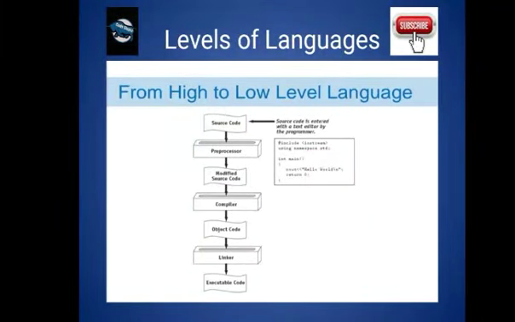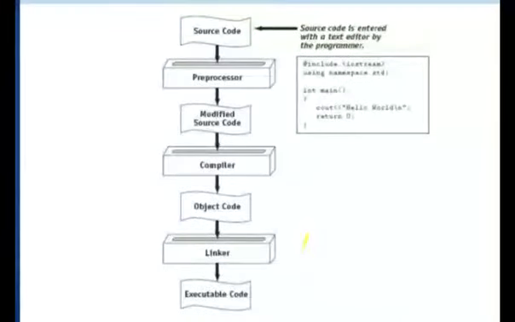So let's see how this coding actually works. In the first step, we make a source code, which is usually in a high level language like C++. Here is an example of a C++ program which is usually used to print hello world on the screen.